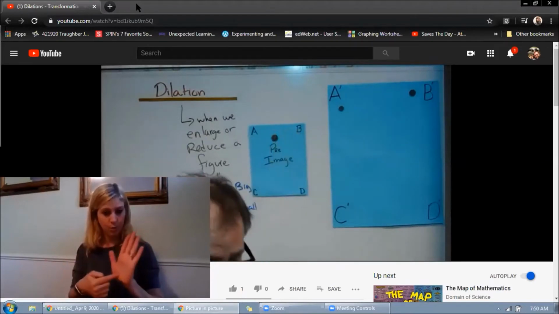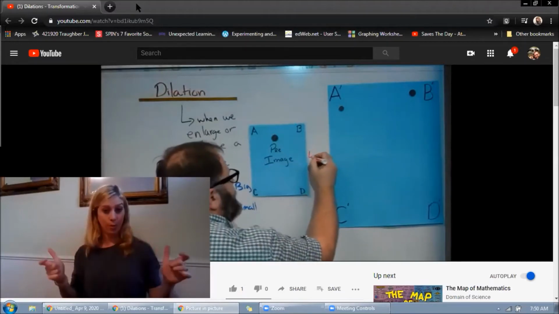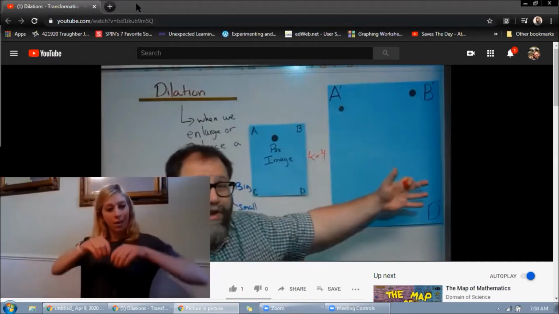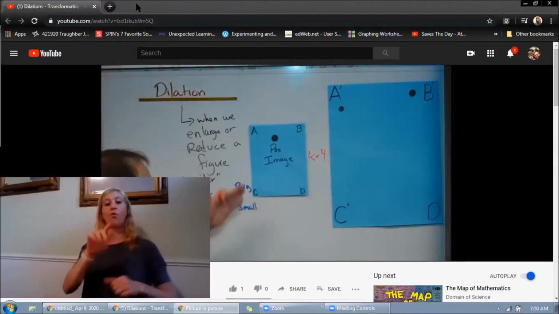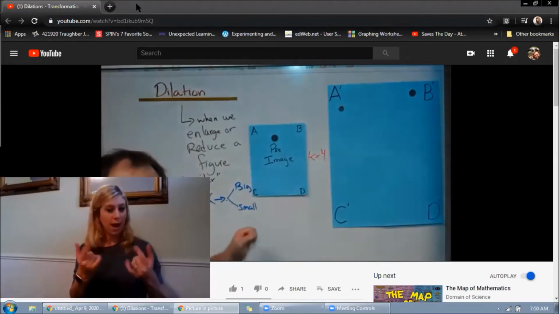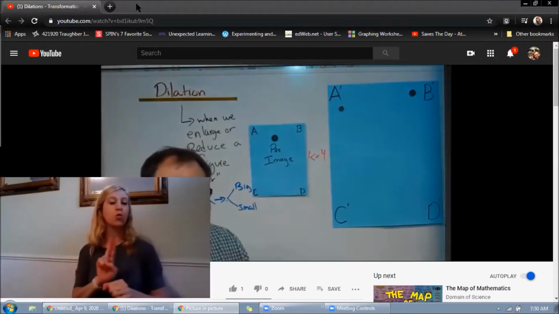The k factor for this one is 4. So this shape is 4 times larger than the original shape. So what we're going to be doing is enlarging or reducing figures using this k factor to give us those points. Let's try one of these problems.